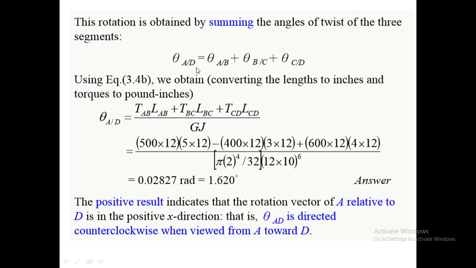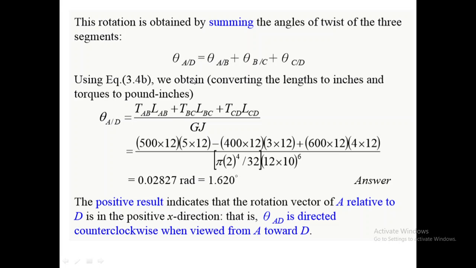So the compatibility equation here is, as I told you before, that the angle of twist at D relative to A is equal to the sum of the angle of twist of portion AB, portion BC, and portion CD. If we add all the angle of twists of all the shafts, the angle of twist at the point D is the summation of all these.